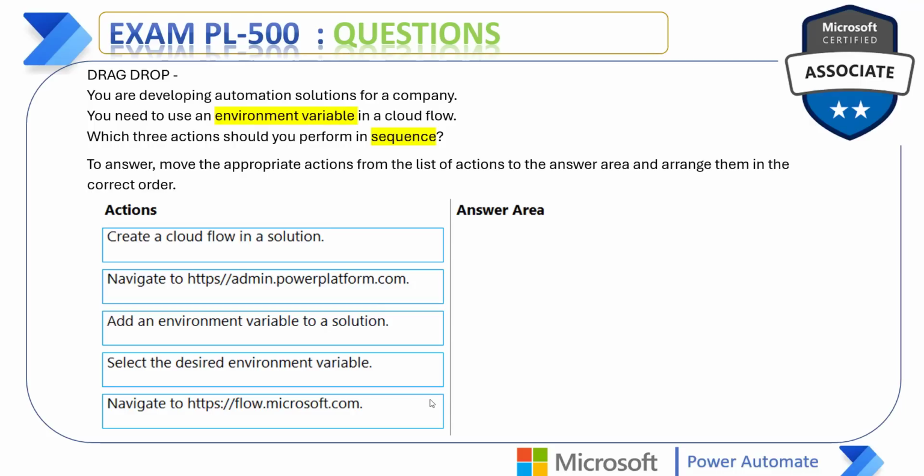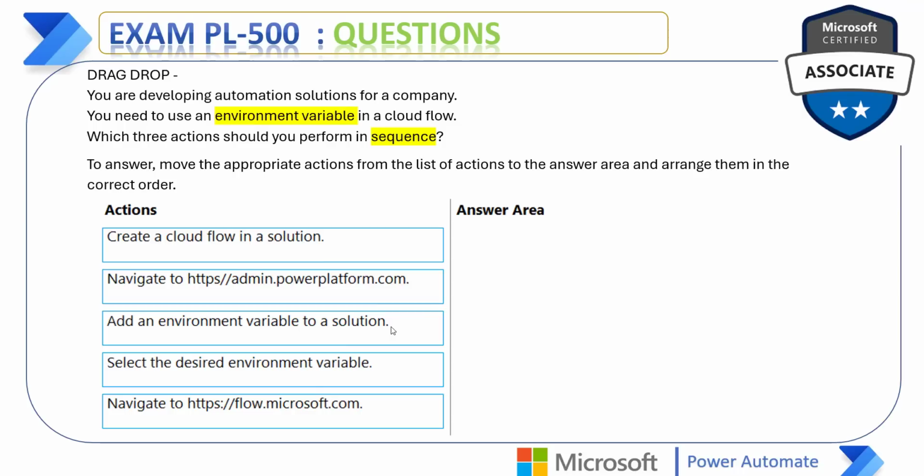Then at the second action, I want to add an environment variable to the solution. So as we have seen, why can't we go for create a Cloudflow in the solution? Because whenever you create the Cloudflow first, the environment variables will come as parameters. So the second action should be add an environment variable to the solution.